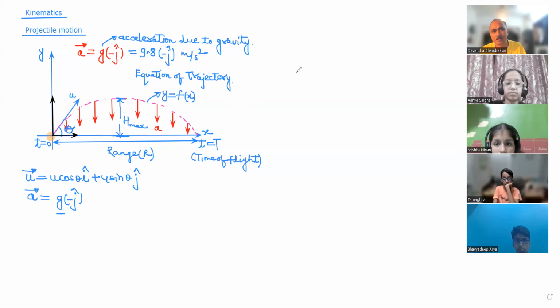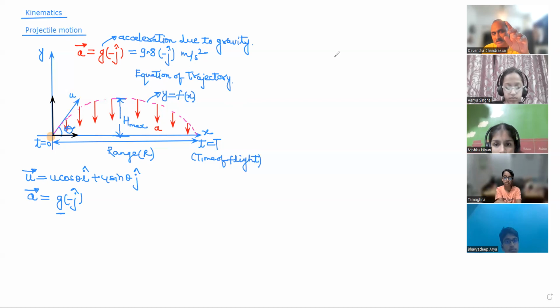See, the only force acting on this particle is the gravitational pull of the earth. Understood? Gravitational pull is constant until and unless g varies.